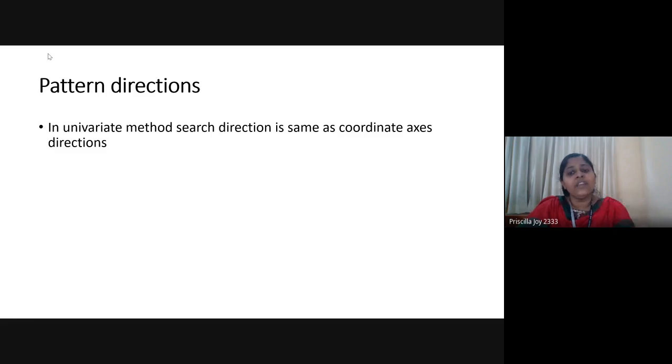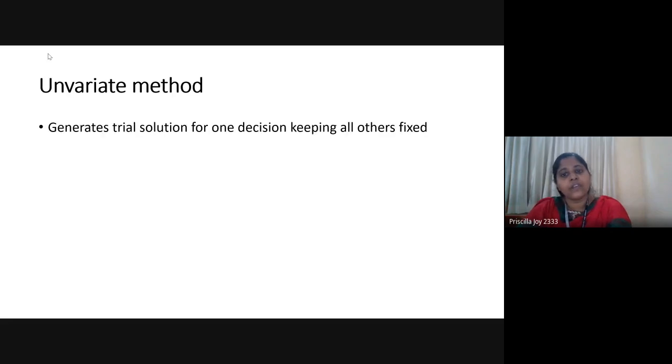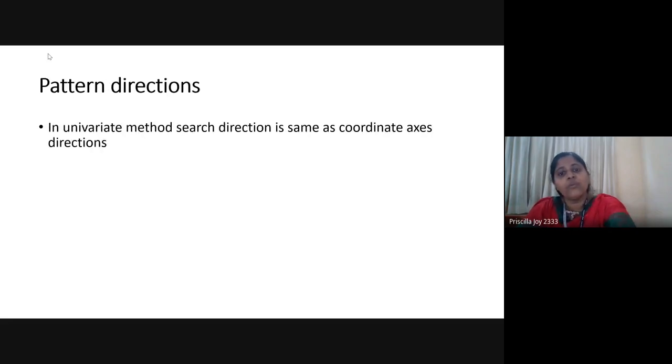For each and every decision variable we will be having a best solution, because each decision is taken by keeping all other variables constant. So for each variable we will be having a best solution. But here, it is not so.